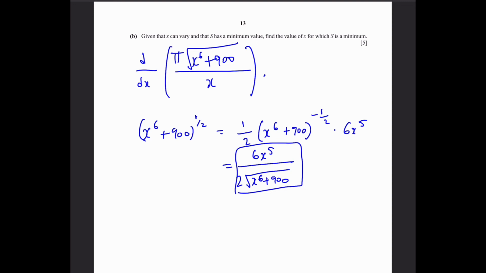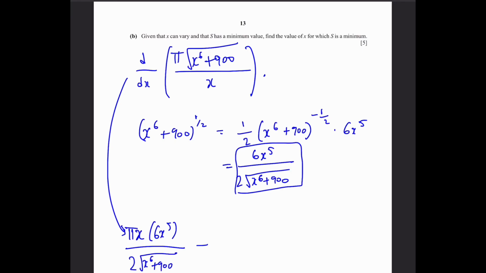So if we do this for our function, this one here will become x times the derivative of p, which is multiplied by pi and then multiplied by this over here, 6x to the power of 5 by 2 root of x to the power of 6 plus 900, minus p, which is this function, times q prime, which is just pi root of x to the power of 6 plus 900, because the derivative of x is simply 1. And this value has to be equal to 0.